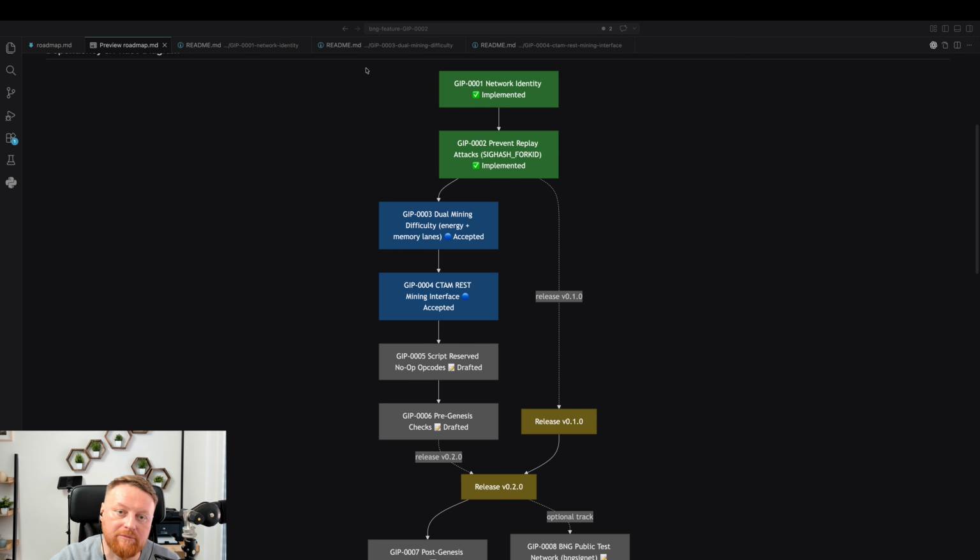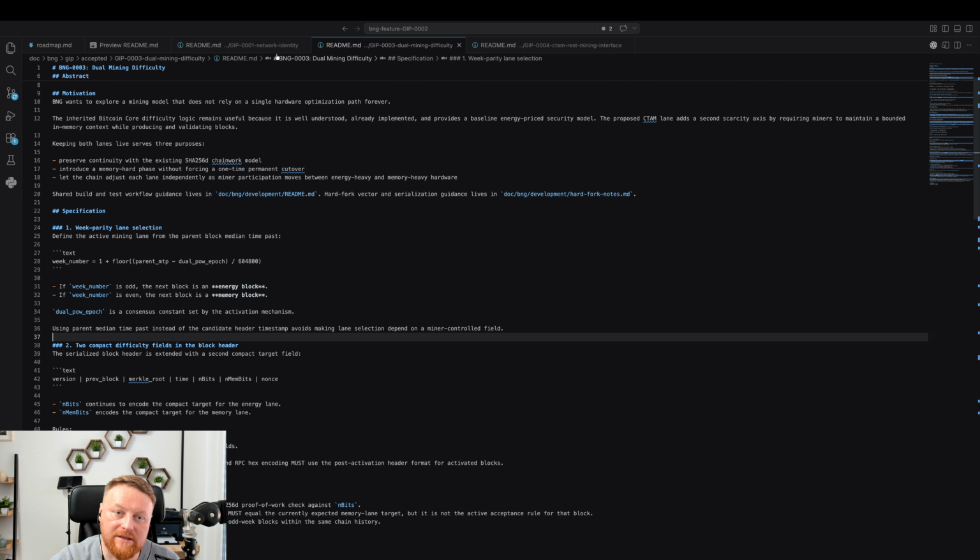Dual mining in particular is something where we want to extend the difficulty update mechanism, where on different weeks, odd versus even, we update only one kind of difficulty, but the difficulty itself is two-dimensional.